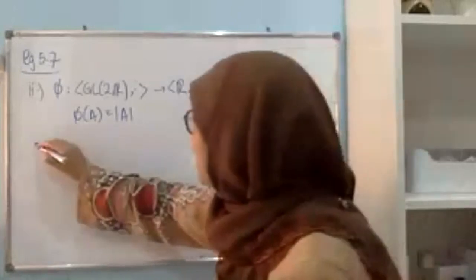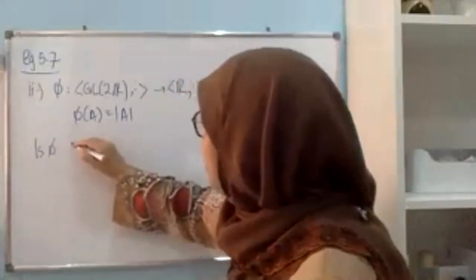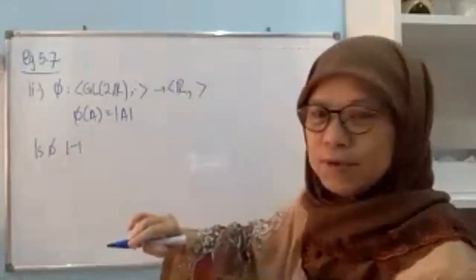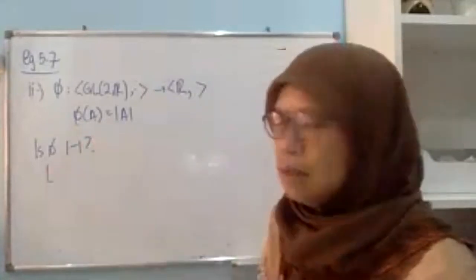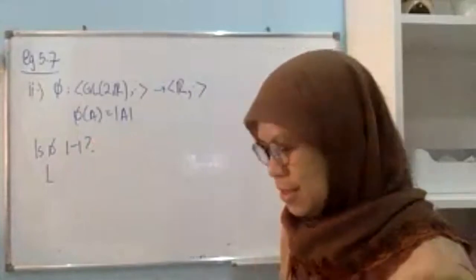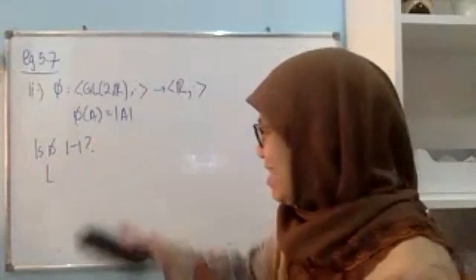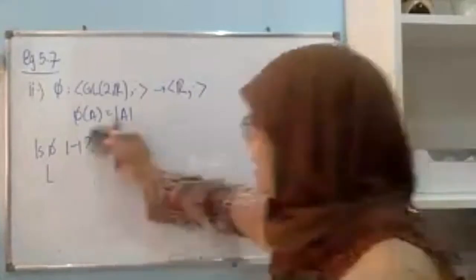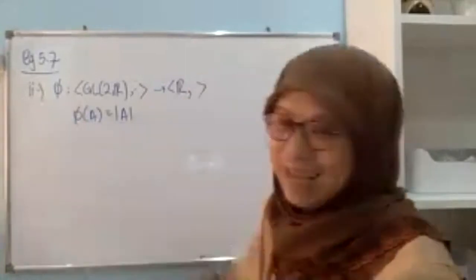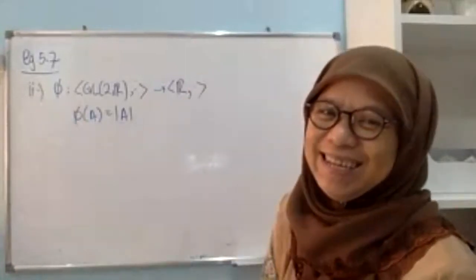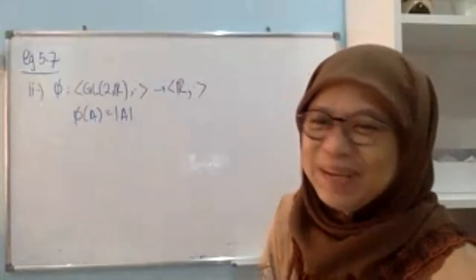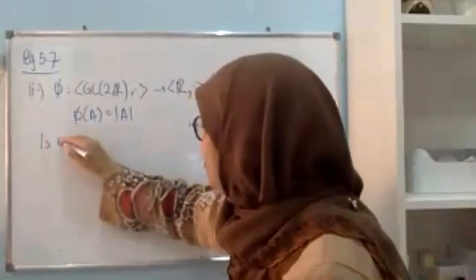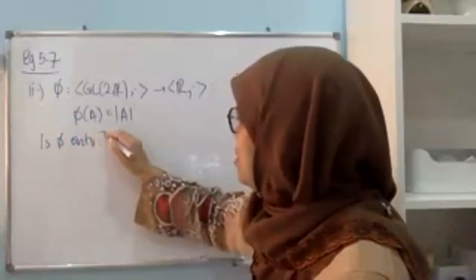Okay, is phi 1 to 1, right? No. My question is different, I was asking about onto. I don't want to do 1 to 1, it's too easy. Is phi onto?